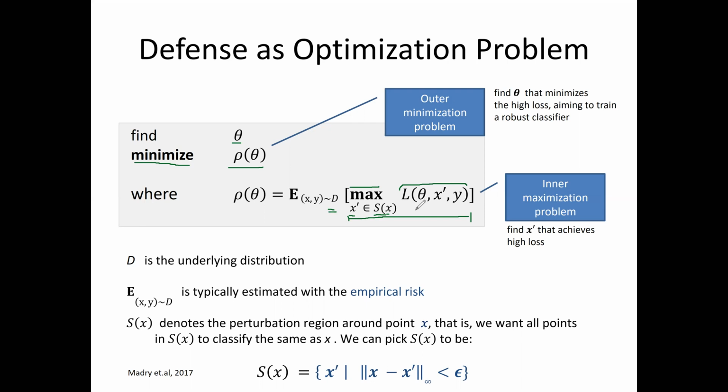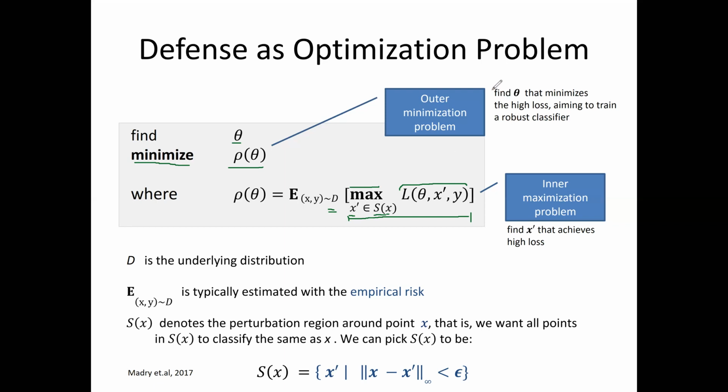It could be, for instance, the cross entropy loss or some other loss that you want to use. So the goal of this inner maximization problem is to find the point in that region around X which maximizes the loss, so it tries to achieve worst-case behavior. Intuitively, you want to find the worst-case behavior in the max, and then you want to minimize the effect of this worst-case situation.